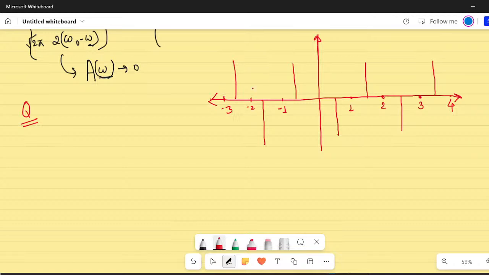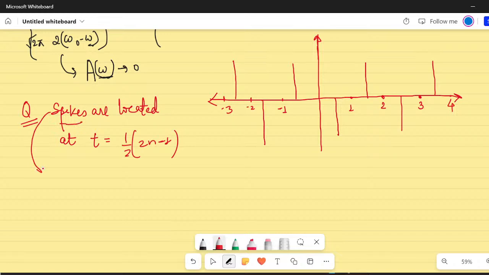You know that these spikes are located at t equal to 1 upon 2, 2n minus 1. These spikes you can write as Dirac delta functions only.